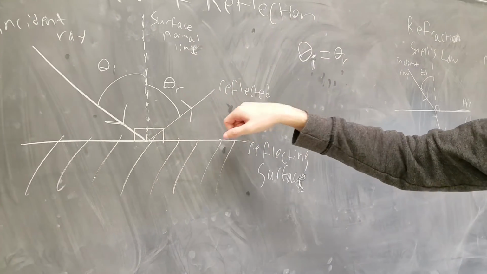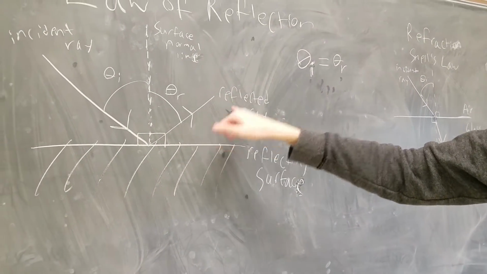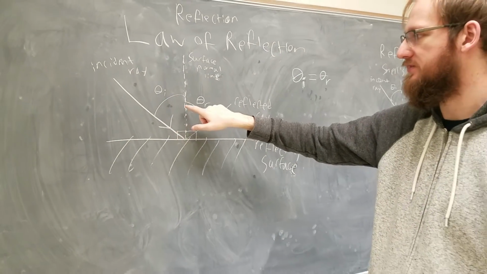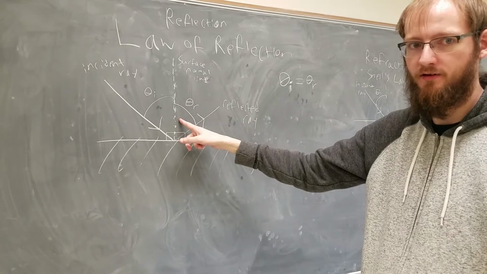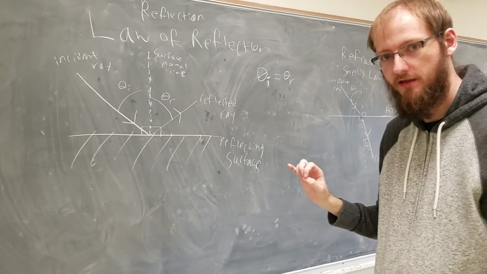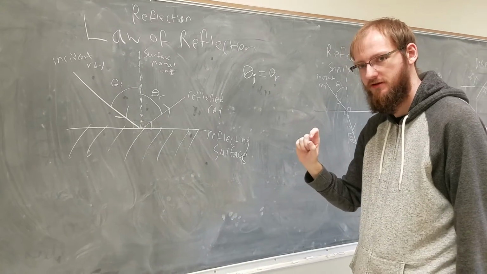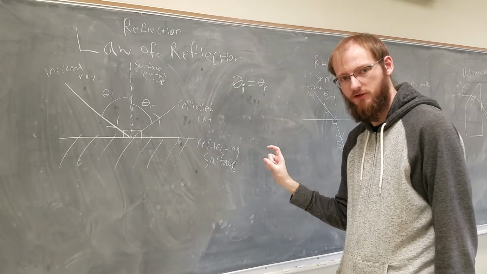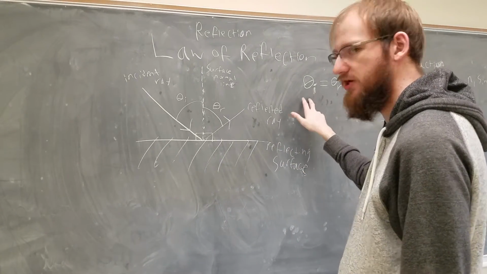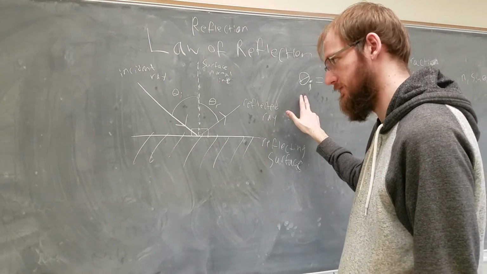The important thing to note is both for this law and the second law we'll be covering, the angle is in reference to the normal line of the surface. So part A uses two different curved mirrors. This law doesn't change depending on the shape of the surface.